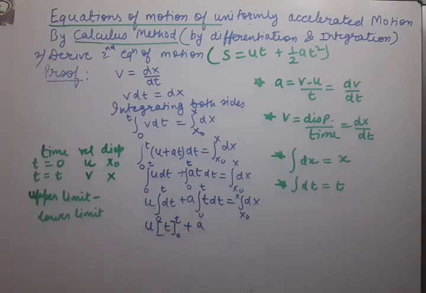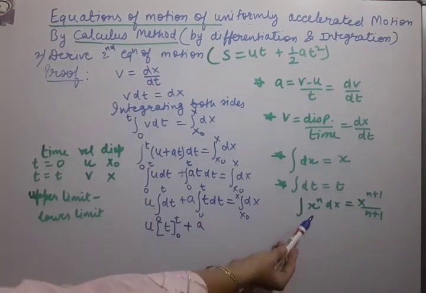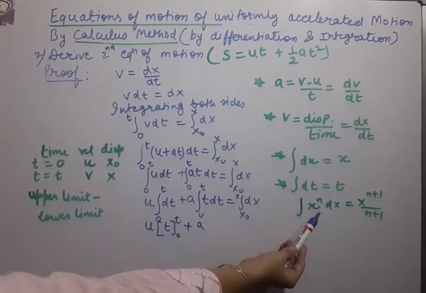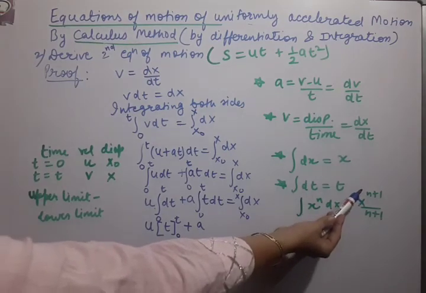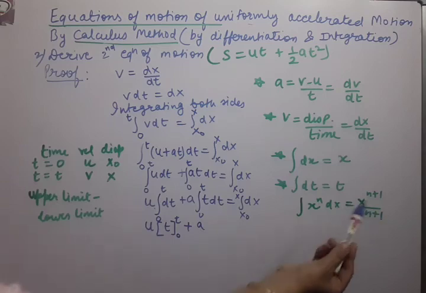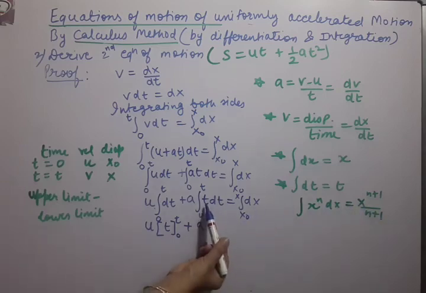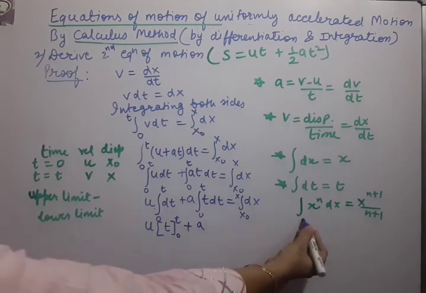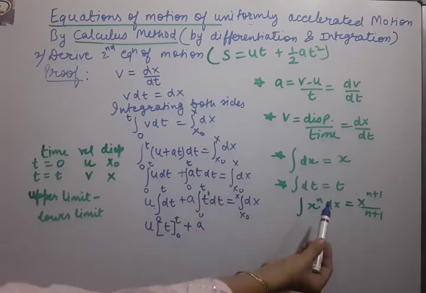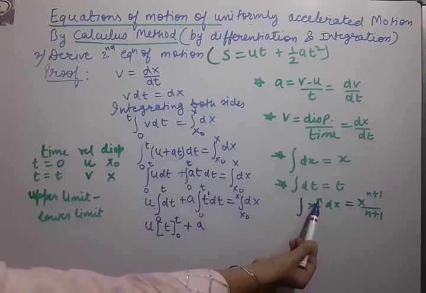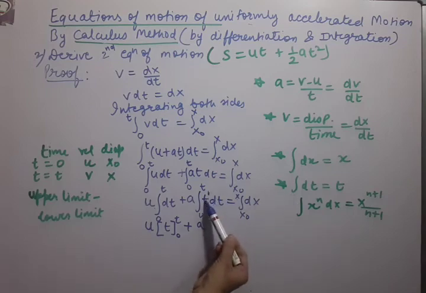For t dt, we can take the help of the formula: integration of x raised to power n dx is x raised to power n plus 1 upon n plus 1. So for the integration of t dt, we have t raised to power 1. In place of x we have t and in place of n we have 1.